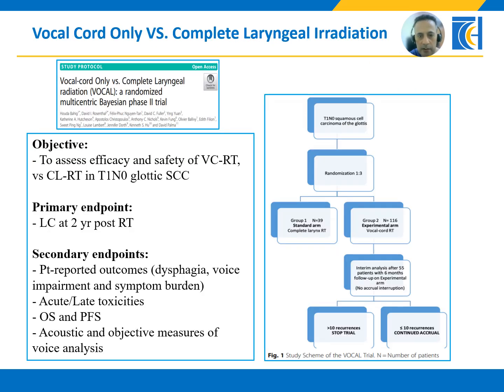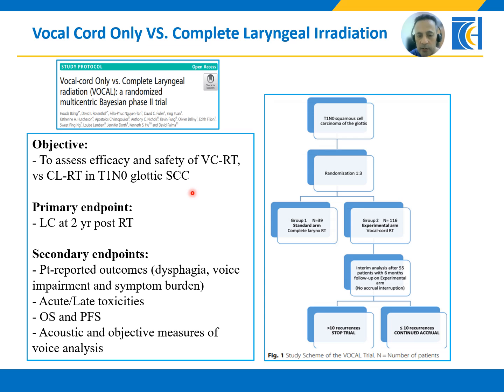The VOCAL trial is a prospective phase 2 randomized clinical trial comparing vocal cord only versus complete laryngeal irradiation. The primary objective of this trial is to assess efficacy and safety of vocal cord radiation versus complete larynx radiation in T1N0 glottic SCC.